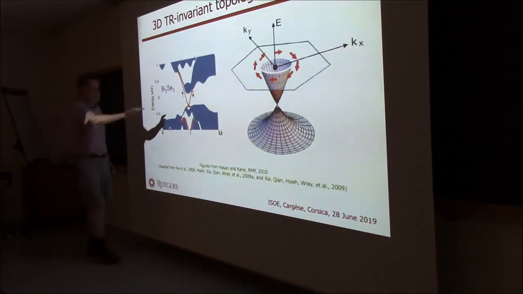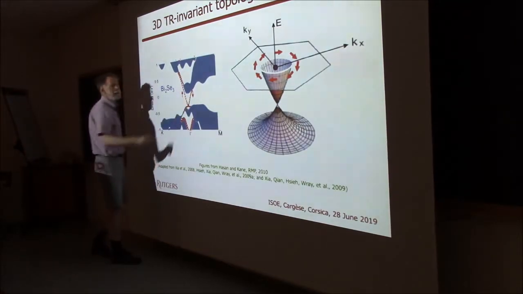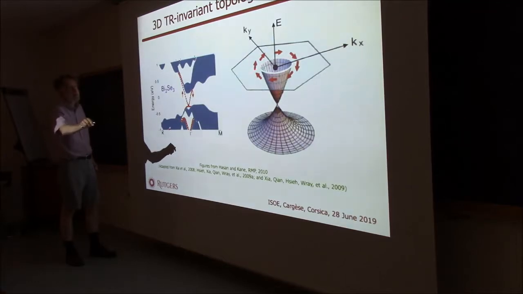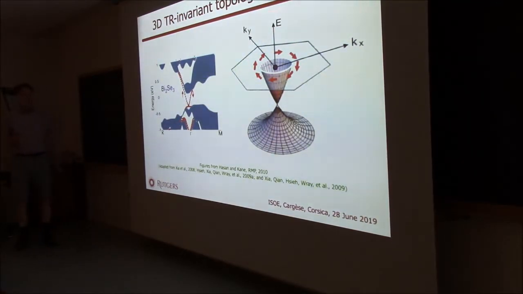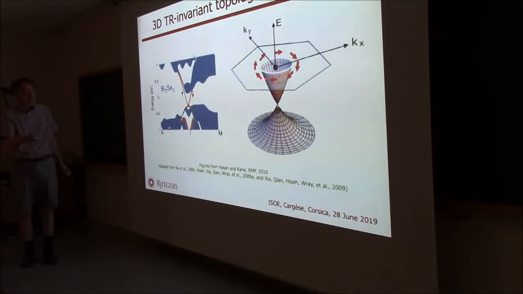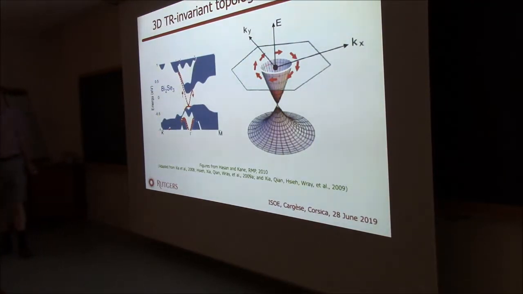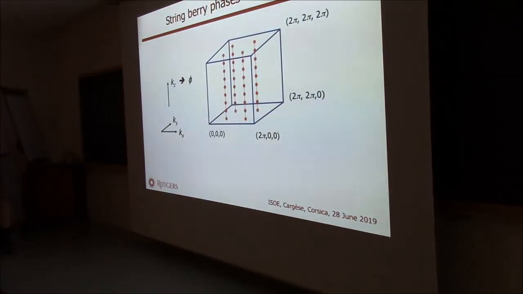Because these states on opposite sides of this Dirac cone are time reversal partners of one another, the spin has to reverse, and it means that when you go around here, the spin has to progress by pi. Incidentally, that means that if you calculate the Berry phase around any one of these loops, it's always pi, because the Berry phase, as you rotate a spinor around 2 pi, is pi.